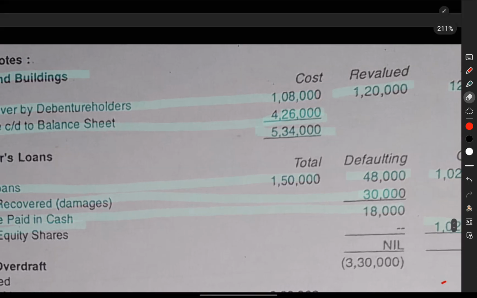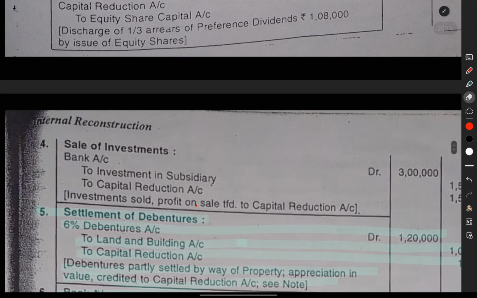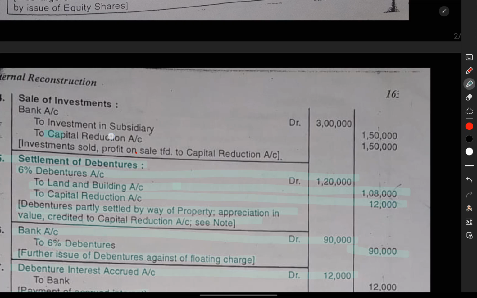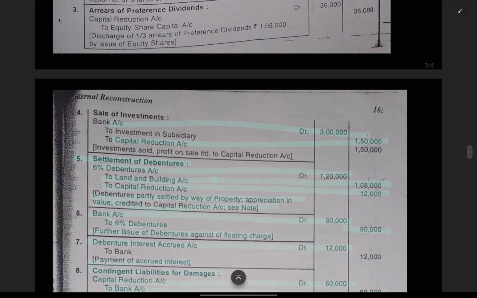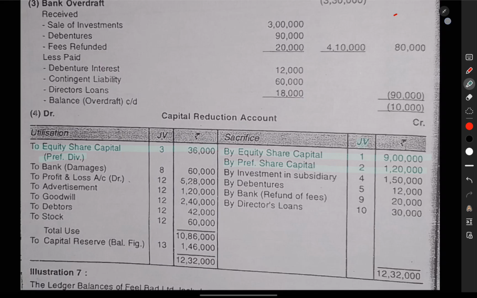Capital reduction for rupees 1,50,000. Yes, on the credit side of capital reduction account, we will write by investment by subsidiary 1,50,000.